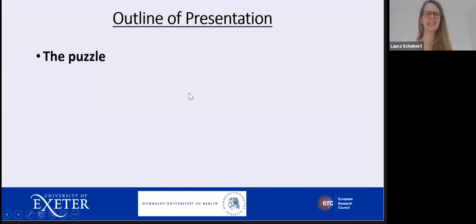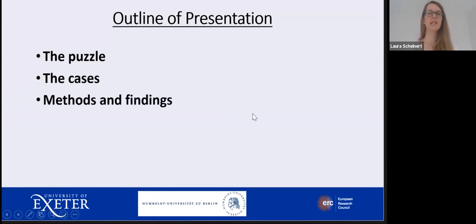So what is it that motivates our research? What's the background to it? And I'll also give a brief overview of the literature that we've looked at. We then look at the cases that we've selected for analysis, and then present an overview of the methodology and some selected findings before we conclude with some remarks for discussion.